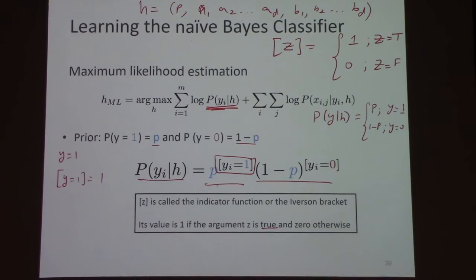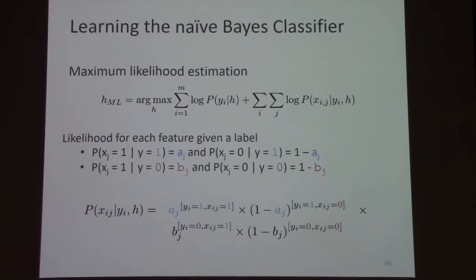The nice thing about this is that we can write it down. I'm not going to explain this in too much detail. What I just did was to write down this term using an indicator, because we have a log and this term is exactly the same as indicator that yi equals 1 times log p plus indicator that yi equals 0 times log 1 minus p.